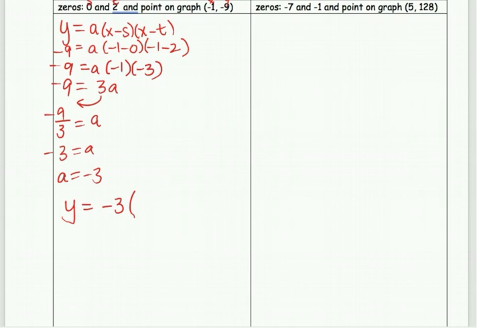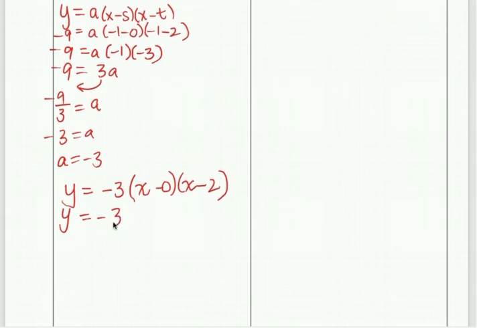A is there, S is here, T is here, so X, and then S was 0, and T was 2. Then just clean it up, you don't need that 0 there, so that could just become -3x, and then bracket x minus 2. So there's the factored form.